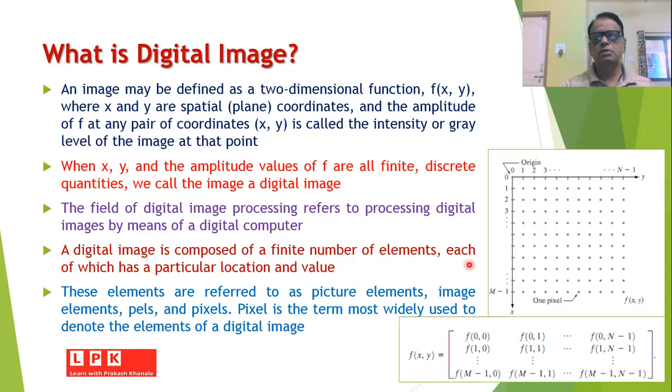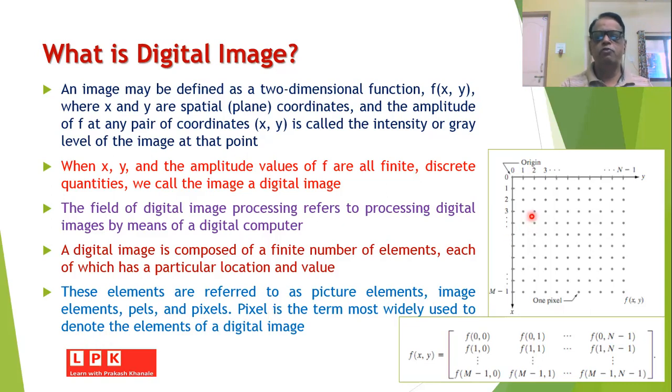These elements through which we constitute any image are called picture elements, or sometimes image elements, or sometimes pels, or the most popular word used for these picture elements is the pixel. So pixel is the most widely used term to denote the elements of a digital image.